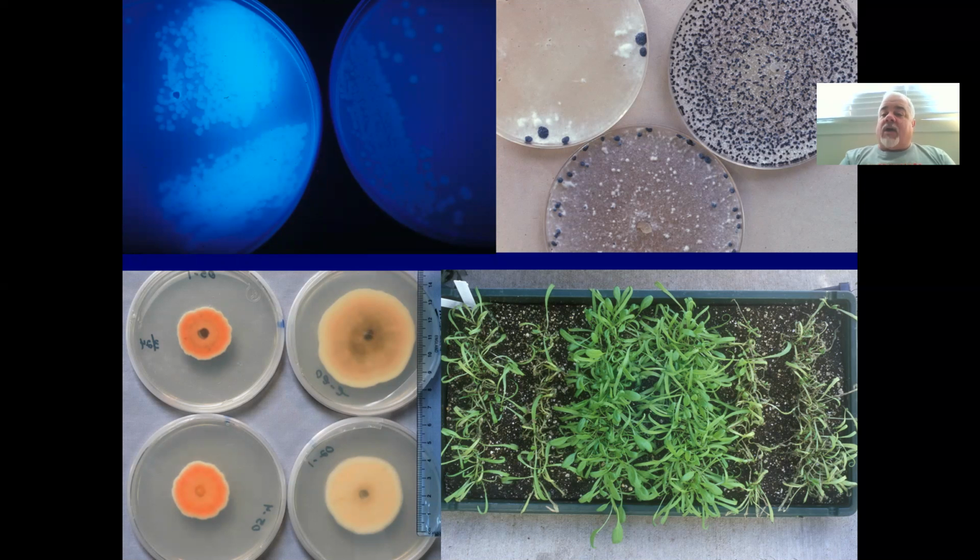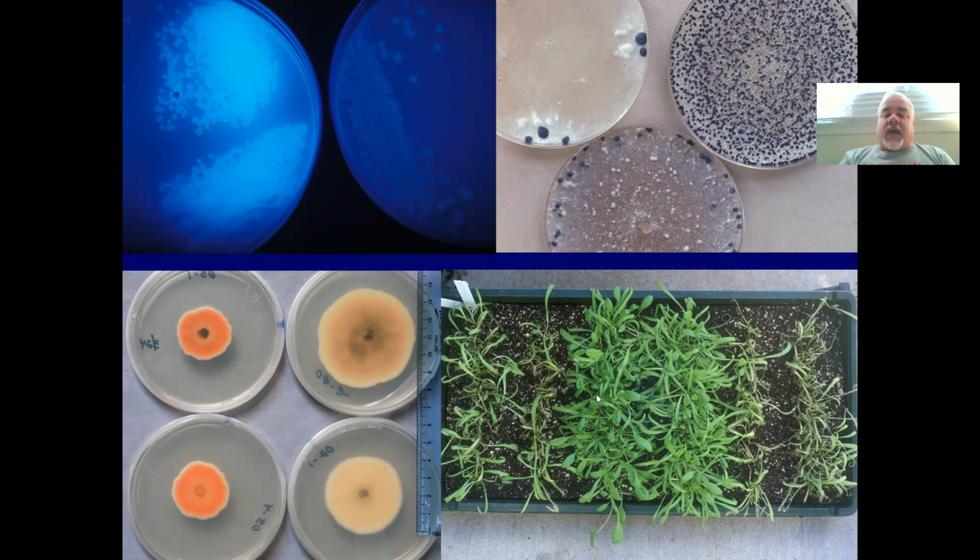Now, I talked about host range studies, and this is a host range study in spinach. In spinach, you can grow up special seeds, not so special, they're just seeds that have unique combinations of genes that make them resistant to certain pathotypes of downy mildew.